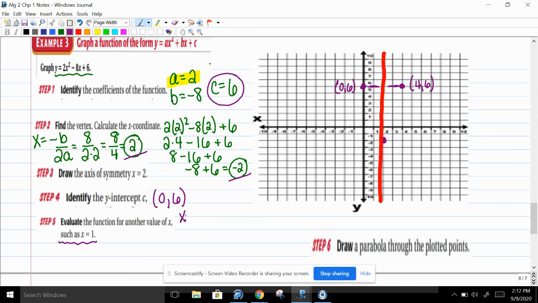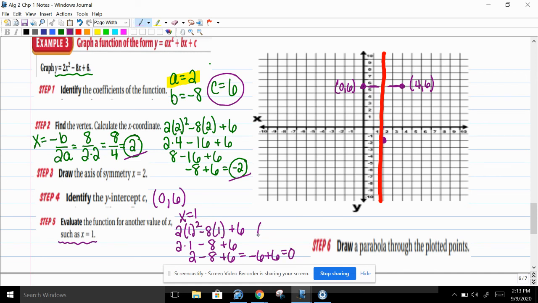Plug that in: 2 times 1 squared minus 8 times 1 plus 6. 1 times 1 is 1, so 2 times 1 is 2, minus 8 plus 6. 2 minus 8 is -6, plus 6 is equal to 0.